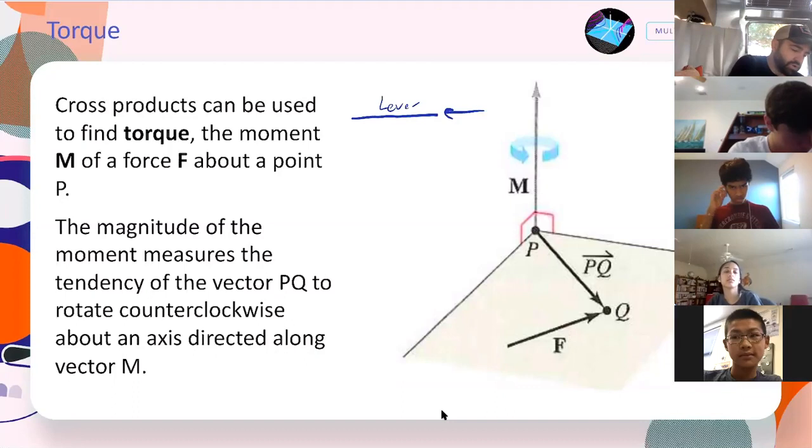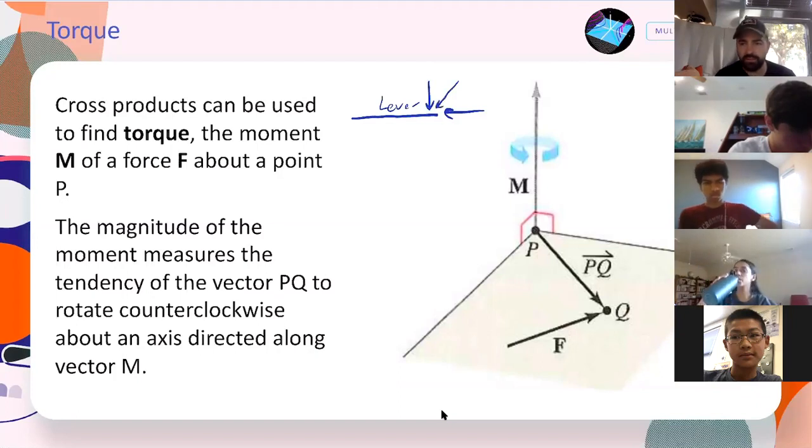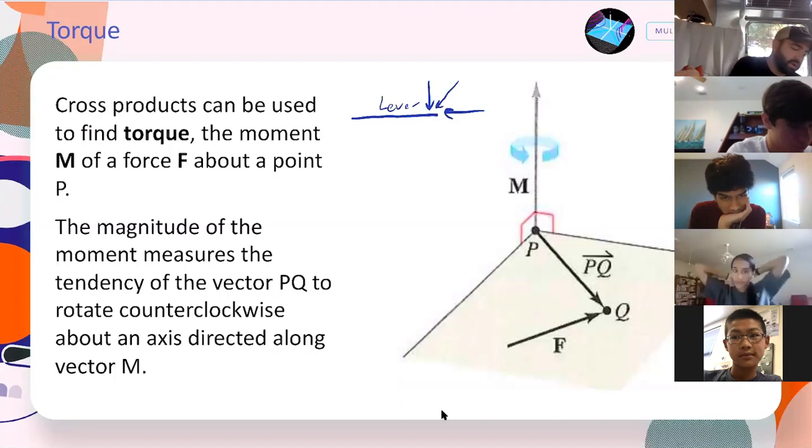But if I push with a force here, it may want to turn. If I push at a force at an angle, it's probably going to want to turn less. If it's perpendicular, it wants to turn a lot. If I start doing it at different angles, it may want to turn, but it may have a little bit less of an inclination to turn.